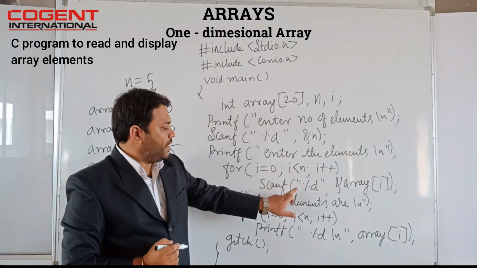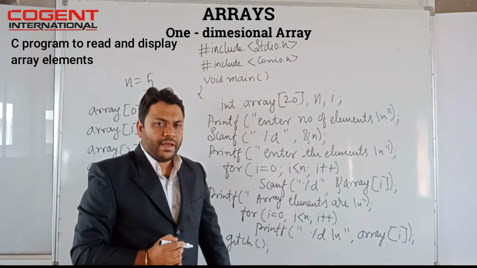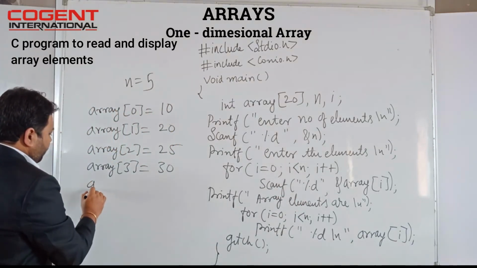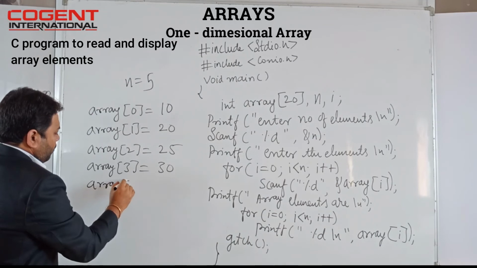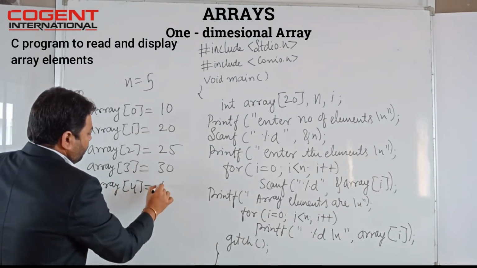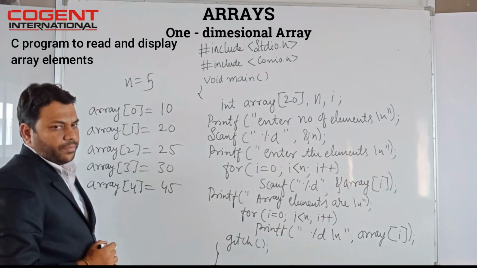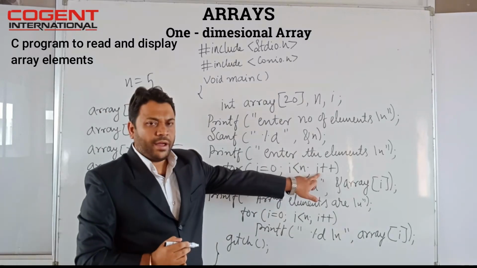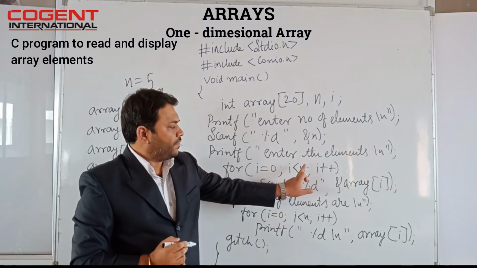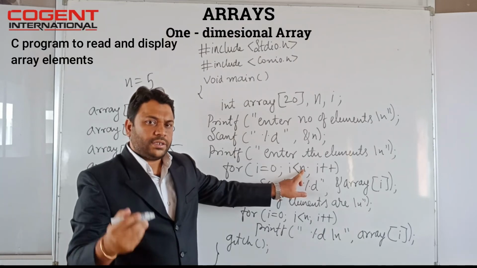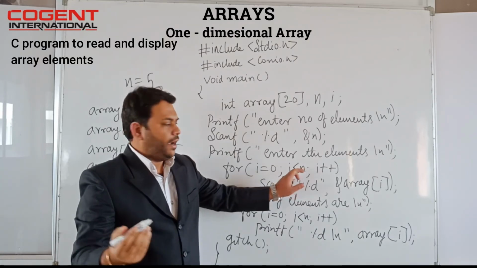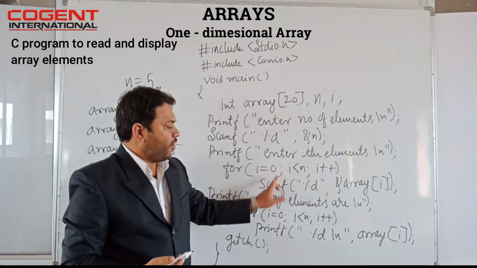The condition is satisfied. Then scanf reads the element array of 4, which is 45. Then increment the value of i, which becomes 5. So is 5 less than 5? No, the condition is false. So this ends the for loop.